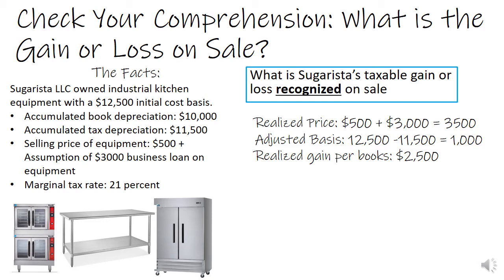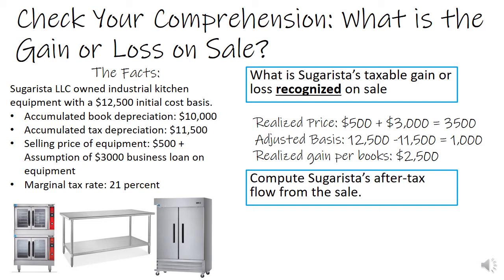But this time we're dealing with a realized price of $500 cash plus the $3,000 assumption of loan, which is cash in Sugarista's pocket because she no longer has to pay that loan. The adjusted basis of the property is the same $1,000 that we calculated in the previous slide, which means that the realized gain is $2,500.